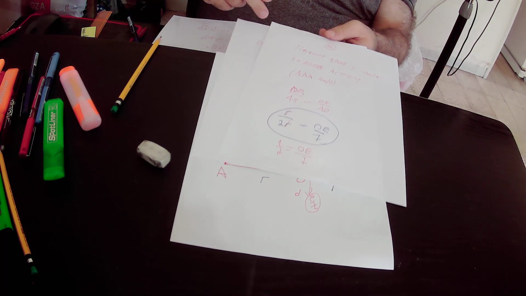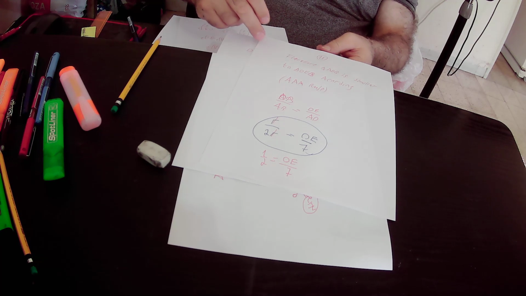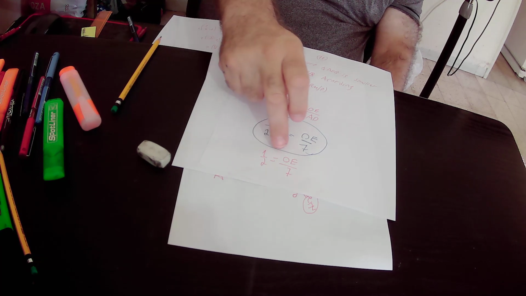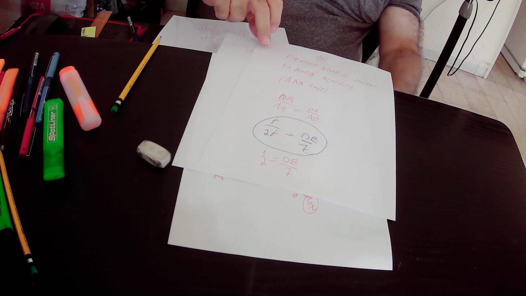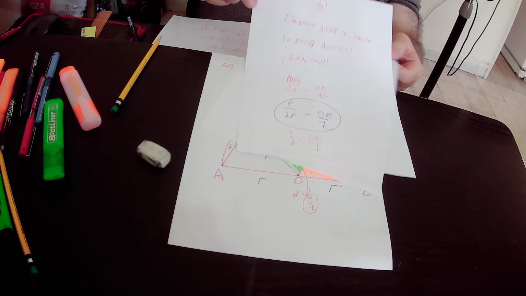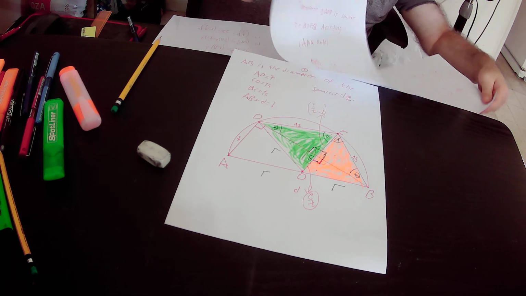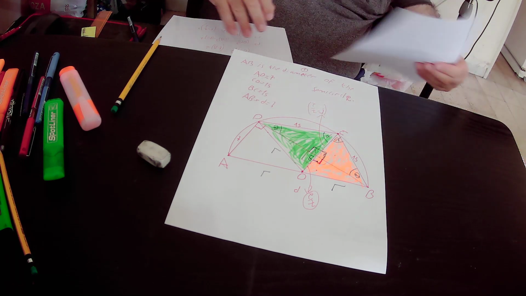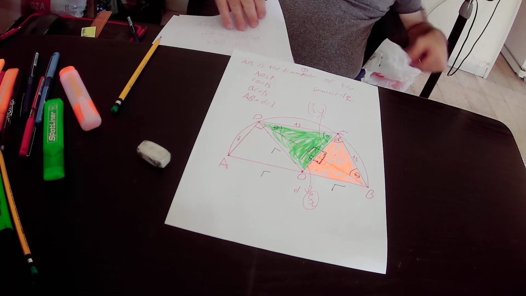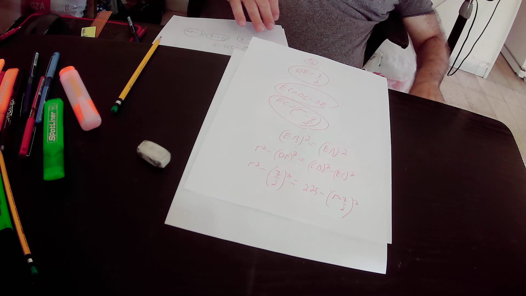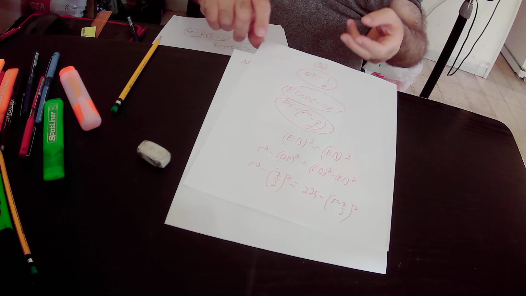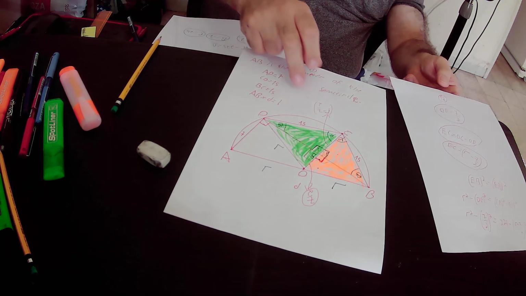So in total we got that 1 over 2 equals OE over 7. We multiplied this equality by 7, and we found out that OE equals 7 over 2 units. But what is the value of EC?